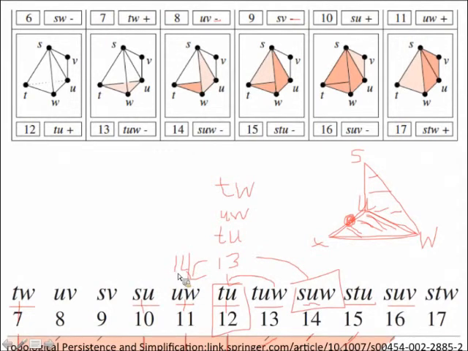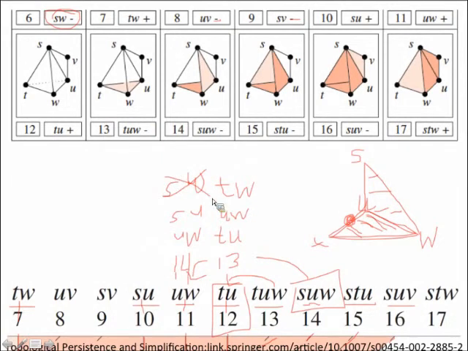And then we will note that the boundary of SUW is UW, as well as SU, as well as SW. However, the fact that my SW is not very readable doesn't matter because SW is negative, it's not a generator, so I really shouldn't have listed it.